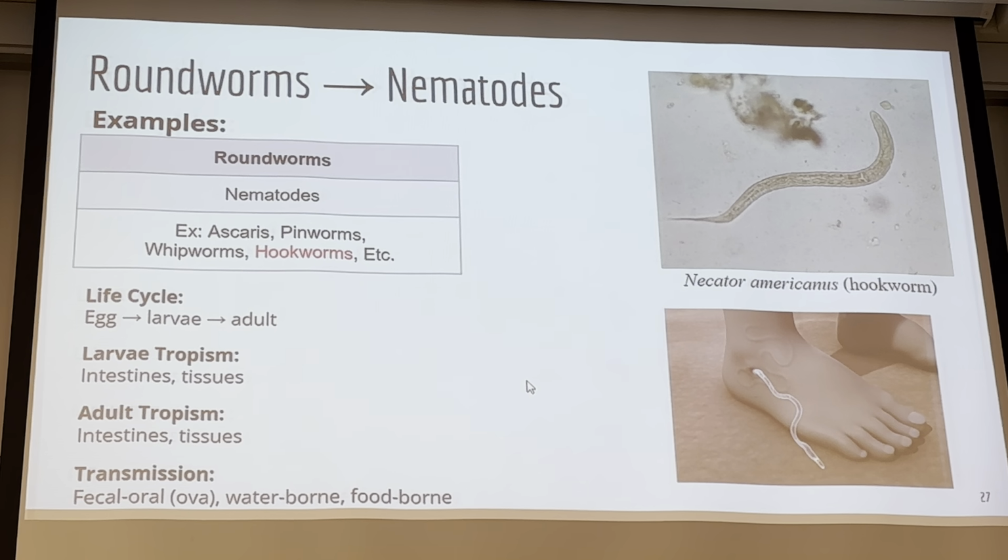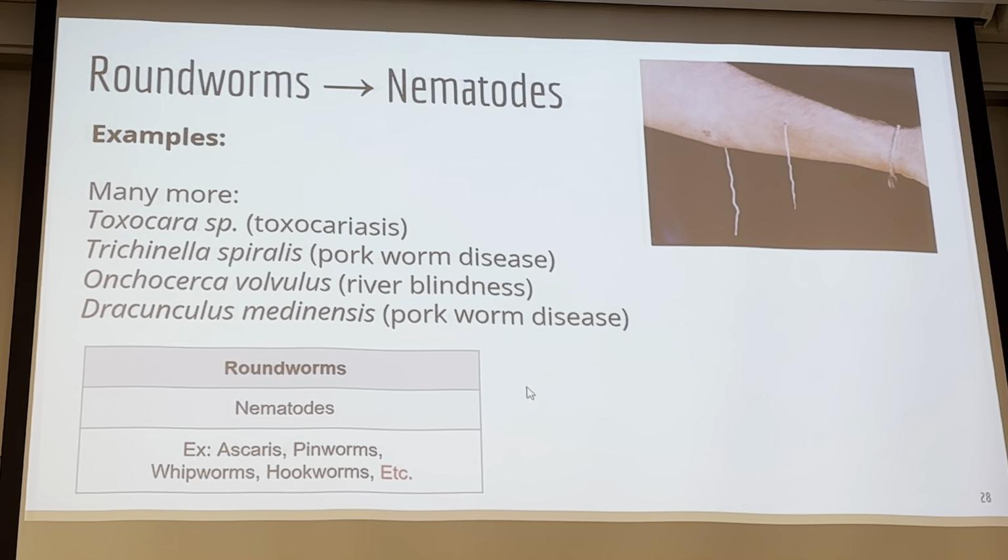Okay, so here we are with hookworms, and there are many different kinds of nematodes that are infectious. They're from all different branches of life, wherever they come from.